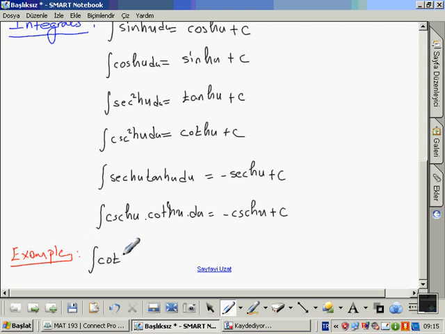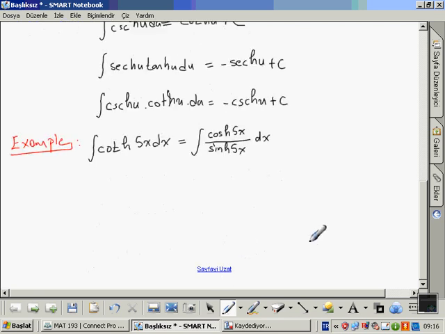The integral of coth 5x ∂x equals the integral of cosh 5x over sinh 5x ∂x.